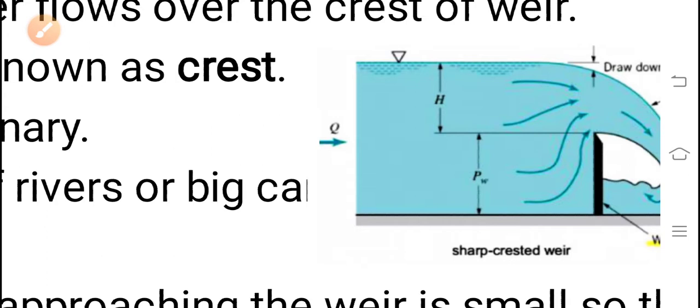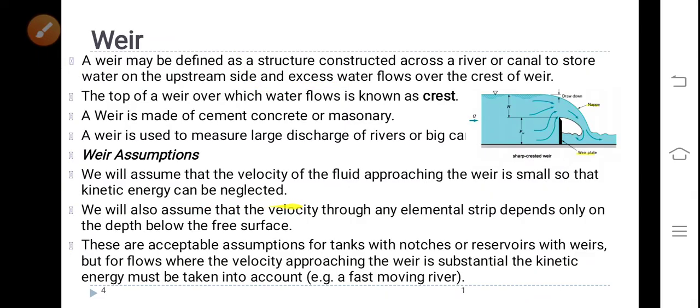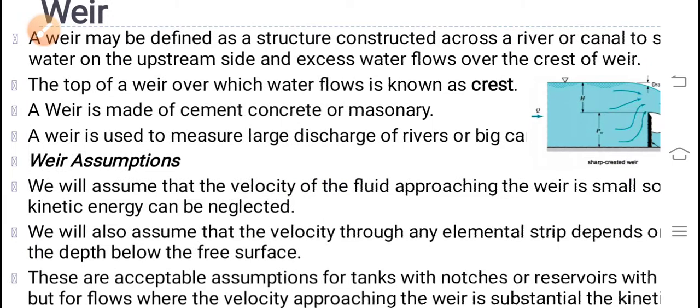This is the head over the sill or crest. Right? This is a sharp crested weir. This is the discharge. This is the liquid level or water level. The top of a weir over which water flows is known as crest or sill, S-I-L-L.